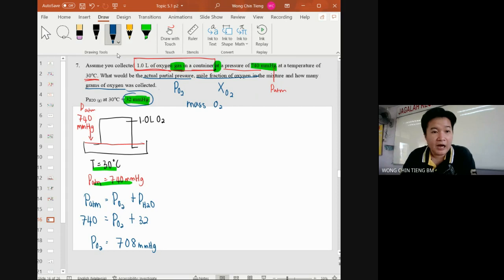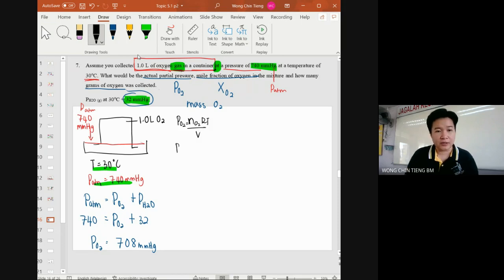Next, soalan minta partial pressure. How do I find the partial pressure? Anyone? Can I use the mole fraction? Ada dua cara nak kira partial pressure. Pertama, yang kita dok guna selalu, your, what do we call that? Ideal gas.